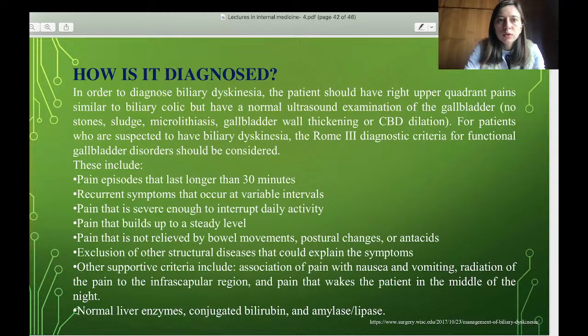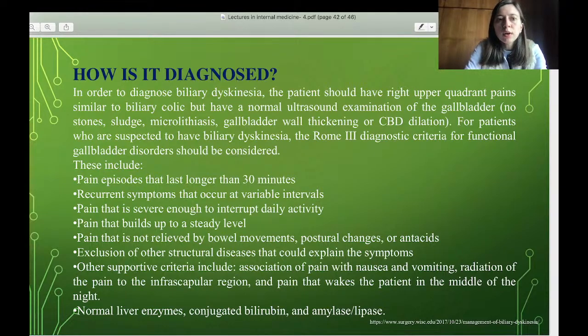And how is it diagnosed? In order to diagnose biliary dyskinesia, the patient should have right upper quadrant pain similar to biliary colic, but have a normal ultrasound examination of the gallbladder.